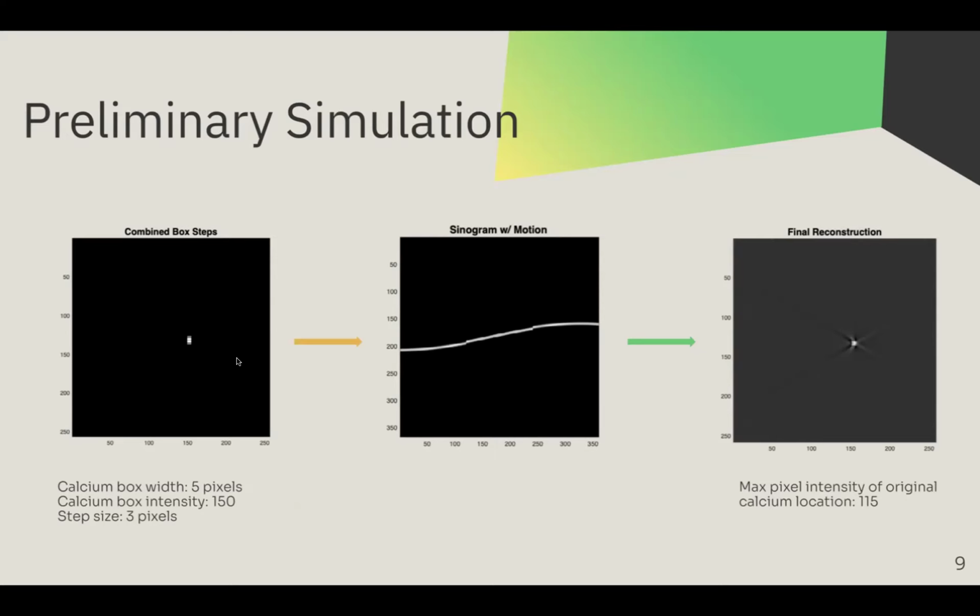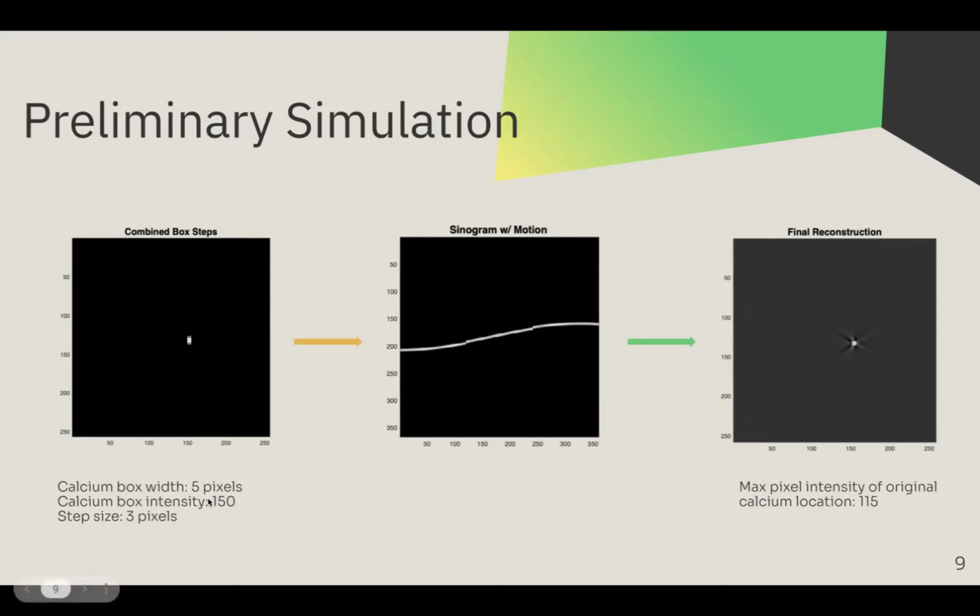We assumed it was moving at a velocity such that for the first 60 projections we see the first position, then the second position, and so on. This is how I pieced together the sinogram. The first 60 degrees of projection was taken from the first sinogram, and so on.